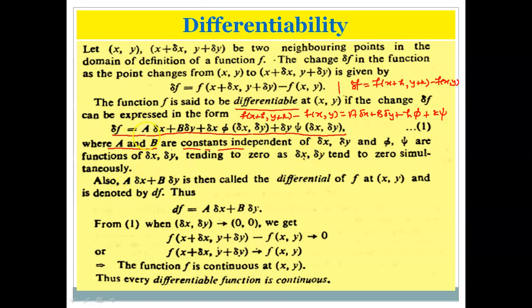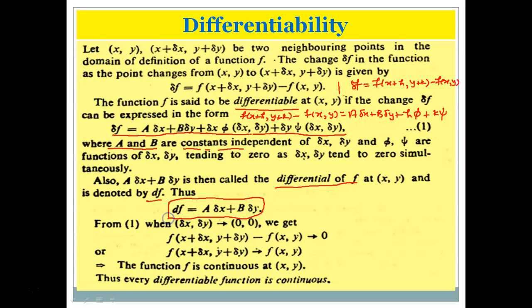In that situation the last part becomes 0 and we are left with only the first part, a delta x plus b delta y, which is called the differential of f, or we simply denote it by df. Now this is not delta f, it is df, when you have applied the limits tending to 0 for delta x and delta y.